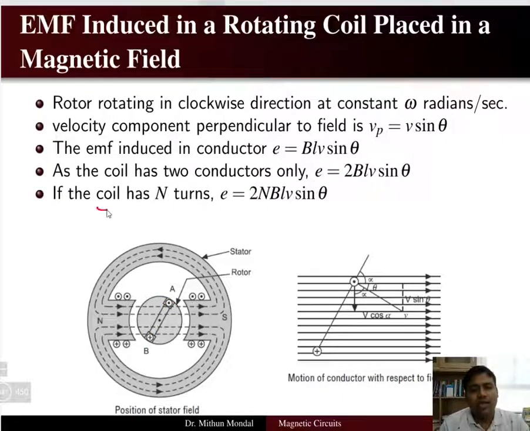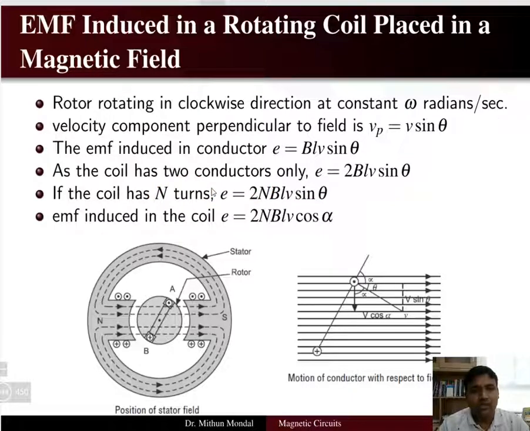Now the coil can have n number of turns, so with two conductors and n turns, the previous equation will be multiplied by n, and you will get 2n BLV sine theta for n number of turns. So the EMF induced in the coil in that case can be given as 2n BLV cos alpha.